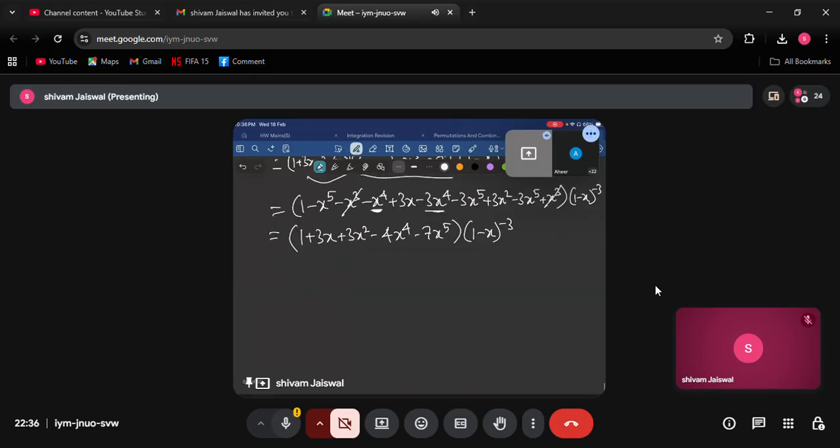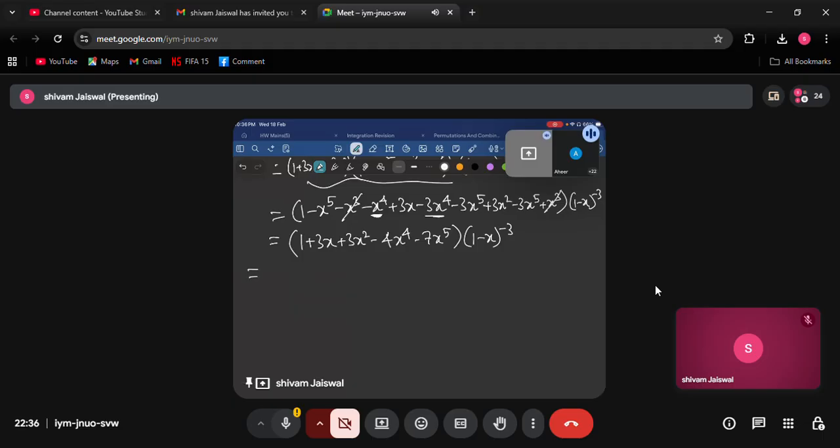Okay. So let us see. When you open the brackets, you are going to get 1 into (1 minus x) whole to the power minus 3 plus 3x into (1 minus x) whole to the power minus 3 plus 3x square into (1 minus x) whole to the power minus 3 minus 4x to the power 4 into (1 minus x) whole to the power minus 3 minus 7x to the power 5 into (1 minus x) whole to the power minus 3. Okay. So over here, we need the coefficient of x to the power 5.